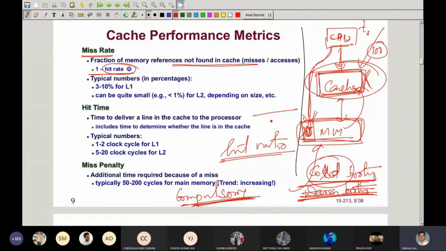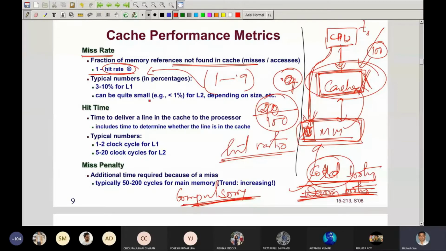Among the 100 accesses, maybe 20 times you got the page, so your hit ratio becomes 0.2, or if 90 times you got the page, the hit ratio becomes 0.9. Did you get my point? And 1 minus 0.9 will give you the miss ratio. That is our point.